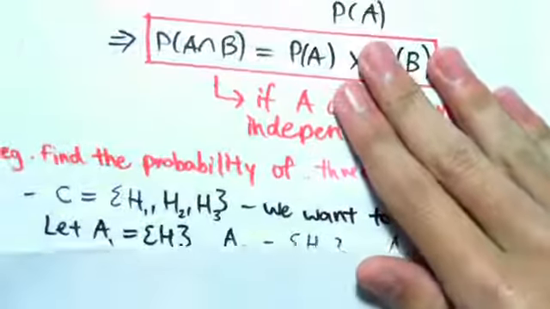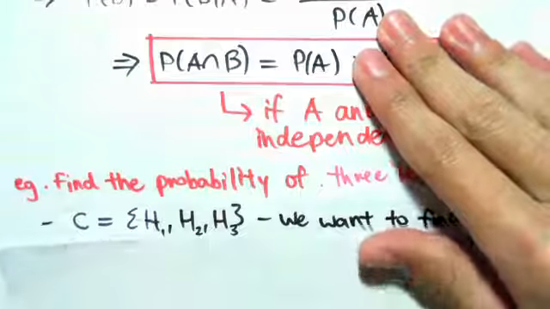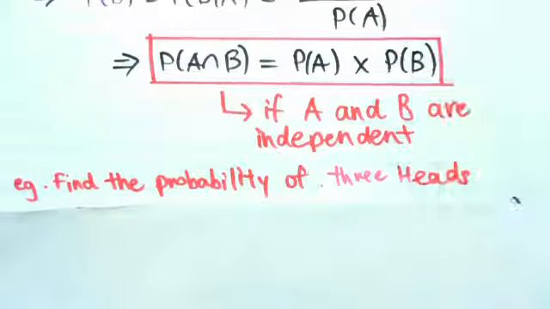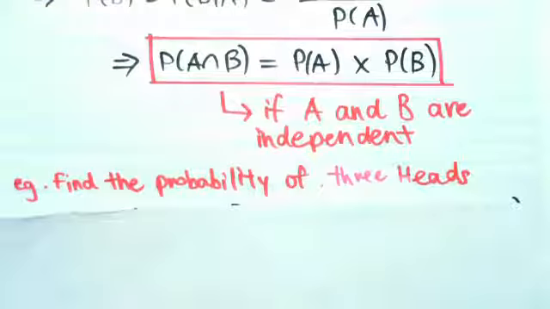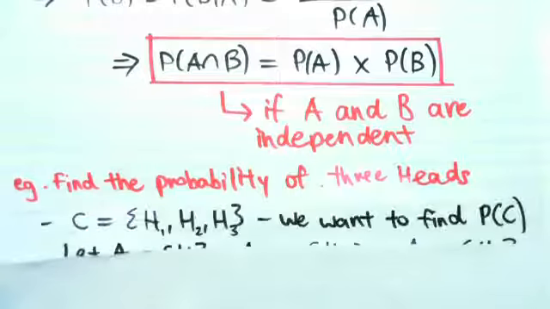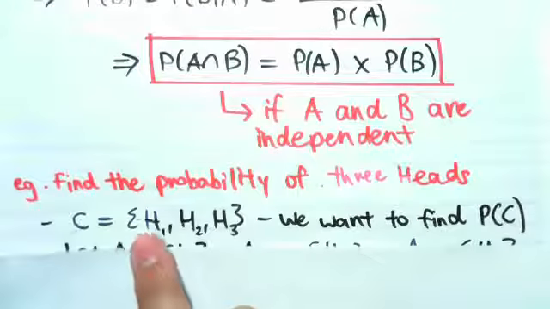So let's look at an example. Again, let's say we are flipping 3 coins and we want to achieve 3 heads, and we want to look at the probability of 3 heads after flipping the coin 3 times. So we let C be H1, H2, H3.